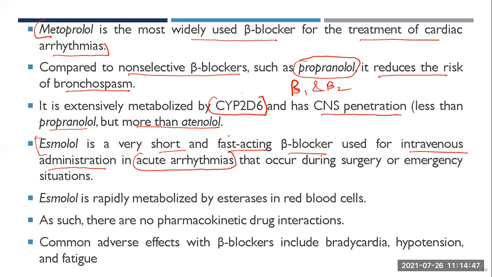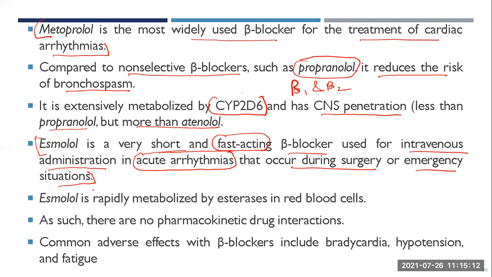As it is fast acting, it finds its use in acute arrhythmias, which occur during surgery or emergency situations. In those cases we have to go for esmolol. Otherwise metoprolol is the drug of choice.